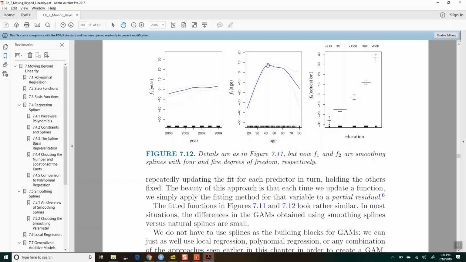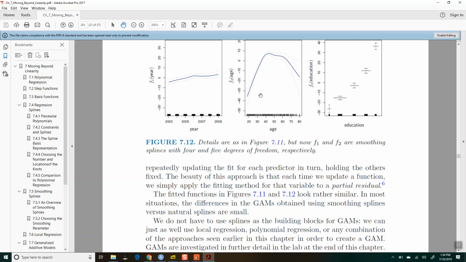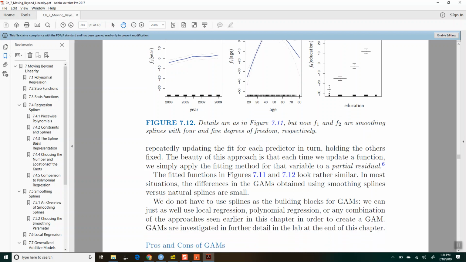So this kind of picture still maintains interpretability. We don't have a simple, every year you get older, this is what happens. But the picture of the relationship between age and wage is still interpretable, in that we can say this is the kind of relationship that exists.